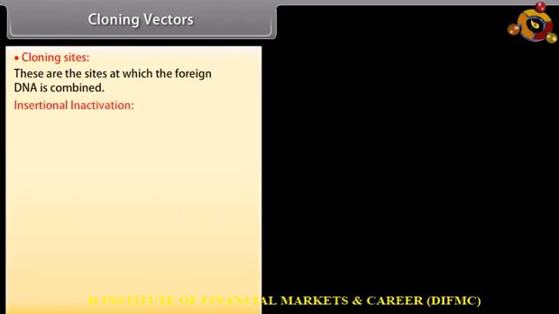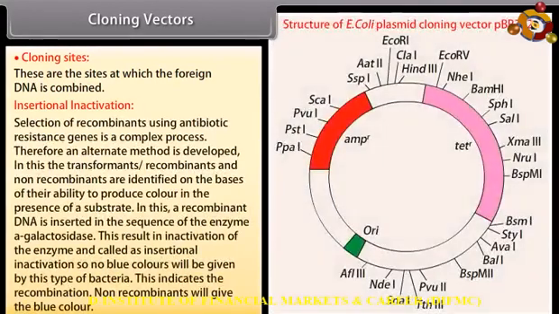Insertional inactivation. Selection of recombinants using antibiotic resistance genes is a complex process. Therefore, an alternate method is developed. In this, the transformants, recombinants and non-recombinants, are identified on the basis of their ability to produce color in the presence of a substrate.